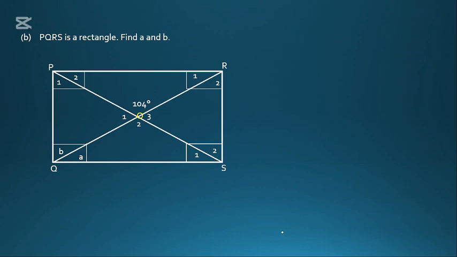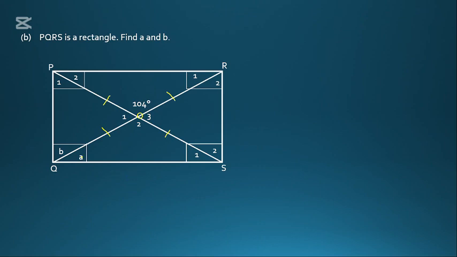PQRS is a rectangle. Find A and B. Right. So where do we start? We start by filling in everything we know about a rectangle, right? So I know in a rectangle the diagonals are equal, so I'll mark it there, there, there, and over there.